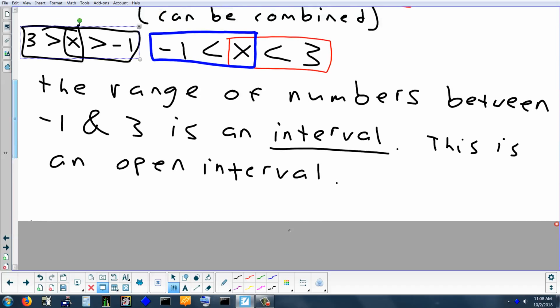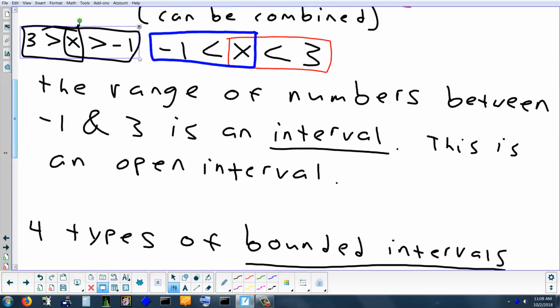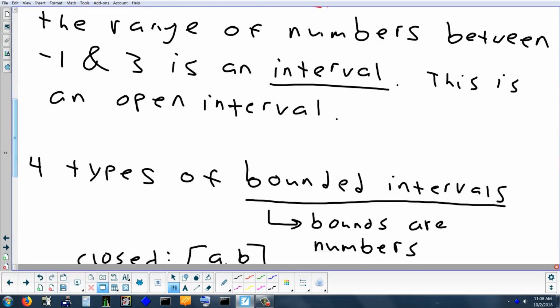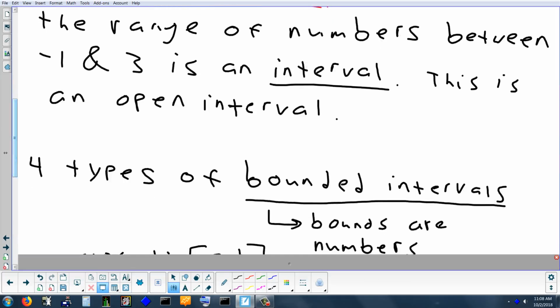So if you have an interval that is bounded, what bounded means is that the actual endpoints of your interval are numbers. -1 is the lower bound of my interval. 3 is the upper bound. -1 and 3 are numbers. Can anybody think of something that we use in an interval that's not a number?